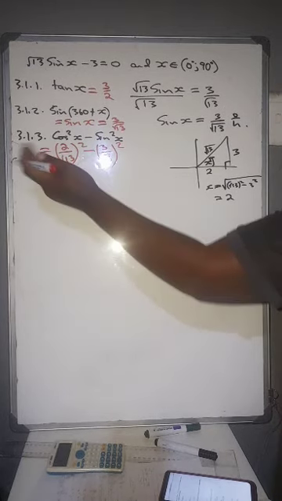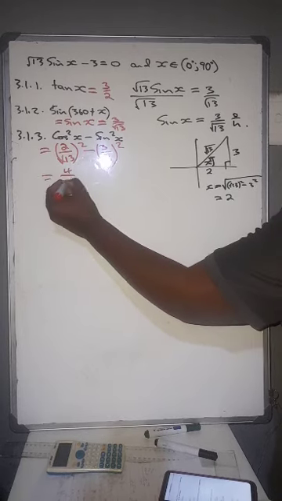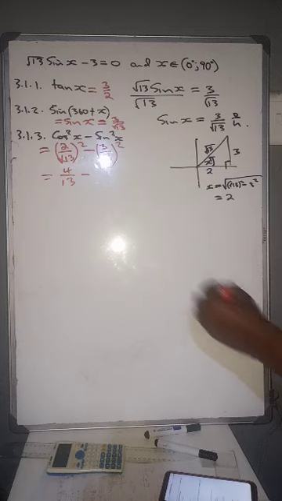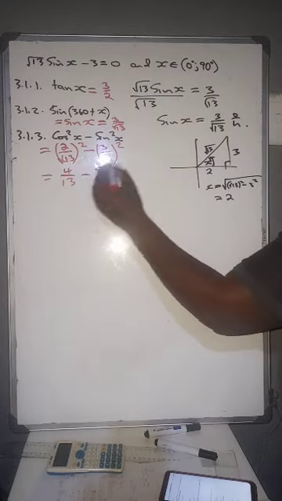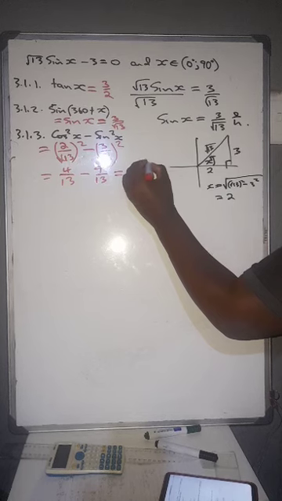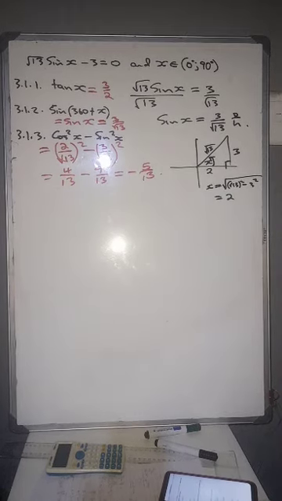That's equal to 2 squared there is 4 over root 13 squared is 13, minus 3 squared is a 9 over root 13 squared is 13, and this one gives us negative 5 over 13. And that's how we're supposed to do the very first question. Let's go to the second one.